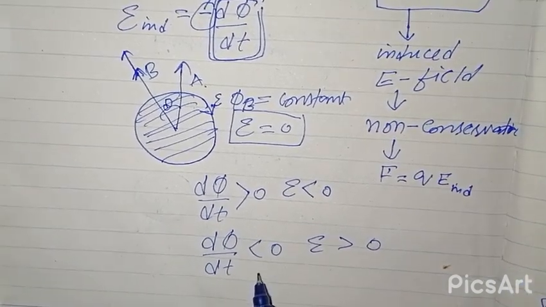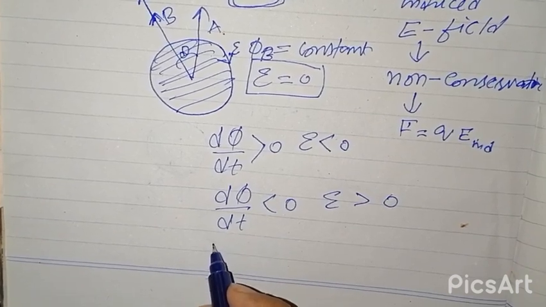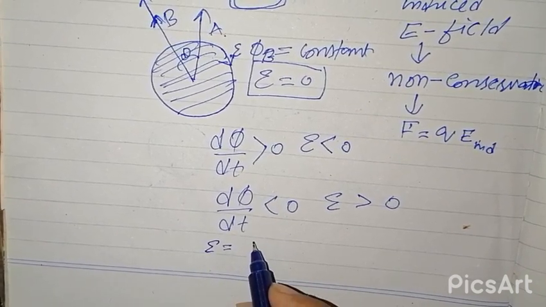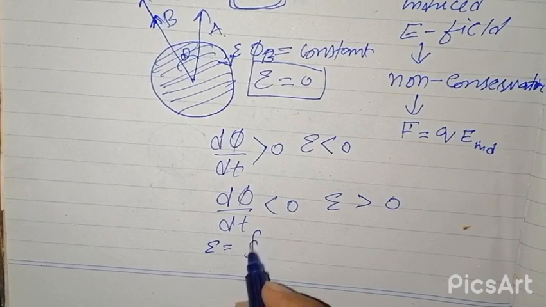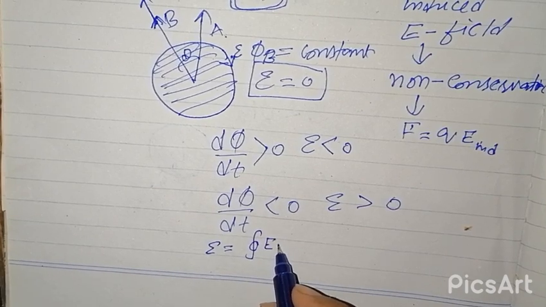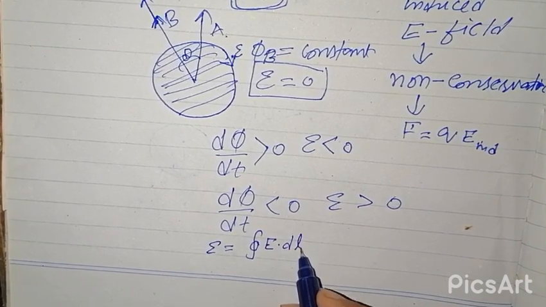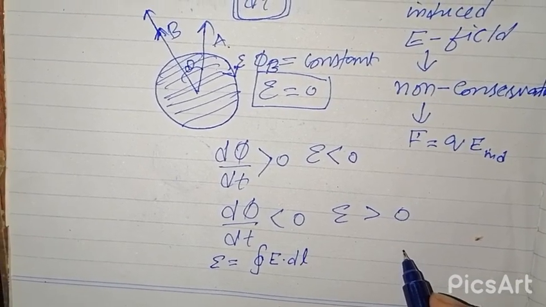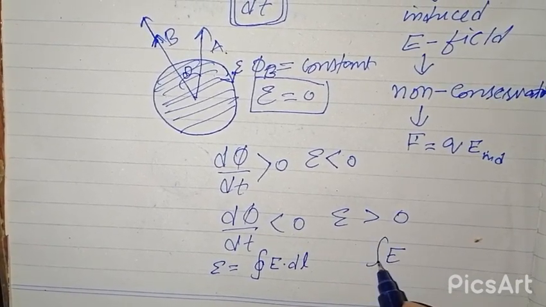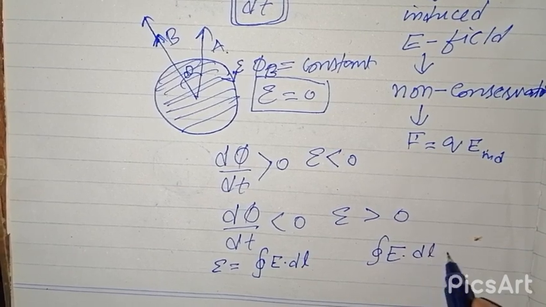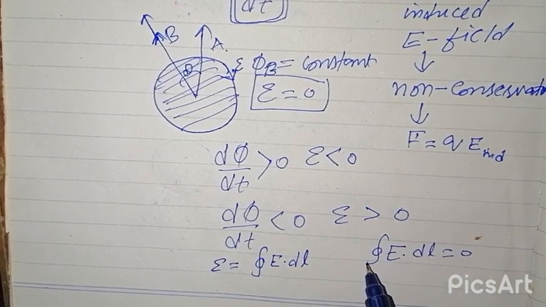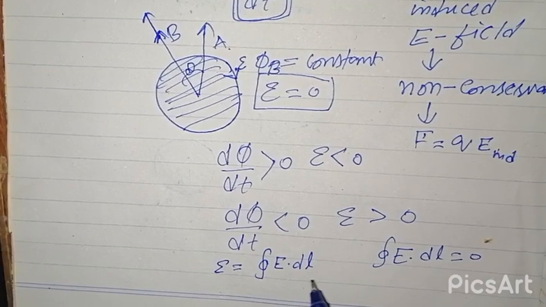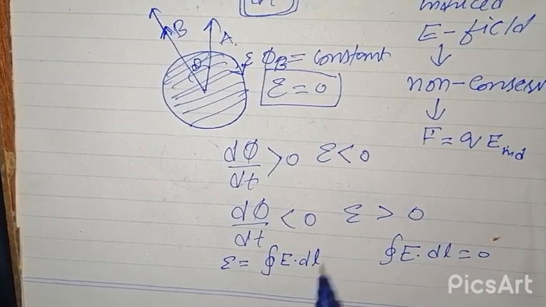So that EMF we can also write by this formula, that is E dot dl. In the electrostatic case we had E dot dl equal to 0, but here in this case it is not 0.